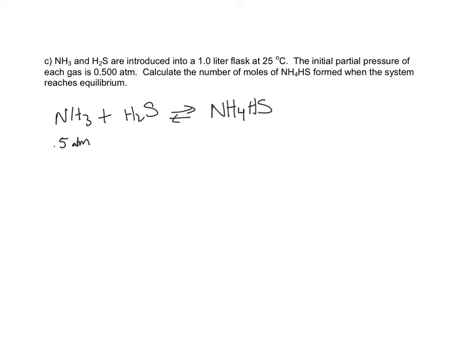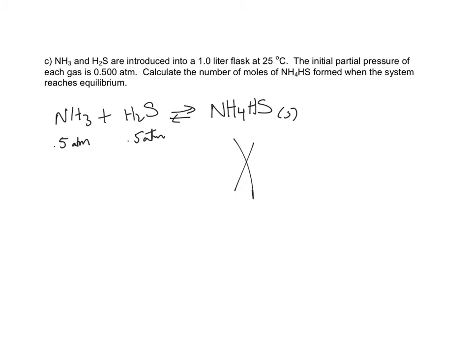I'm not going to use stick fix here, but you want to make sure that you keep track of them. So initially I have 0.5 atm of NH3, 0.5 atm of H2S. This is a solid, so it doesn't have any partial pressure. It doesn't really matter at all. I'm going to go ahead and write my Kp expression in a second. I'll come back to that.